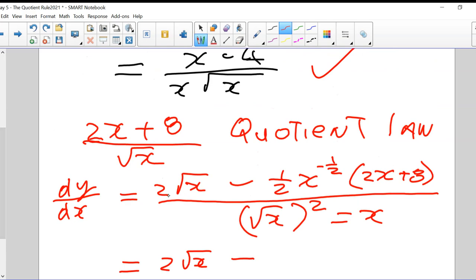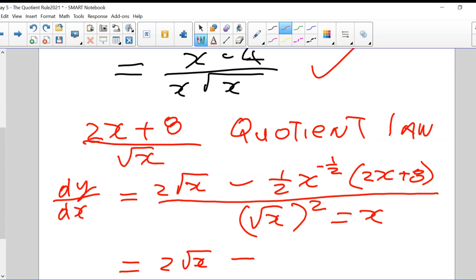I've put the derivative of the top, which is just 2, times the underived denominator, square root of x, minus the derivative of the bottom, which is half x to the minus a half, multiplied by the underived top, which is 2x plus 8. Hopefully we can agree that the bottom of this is simply equal to x.